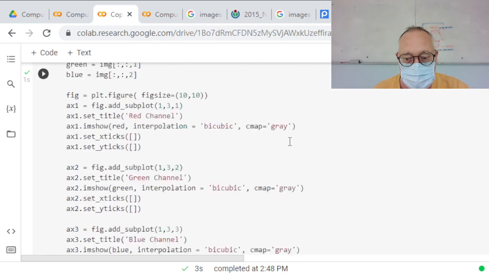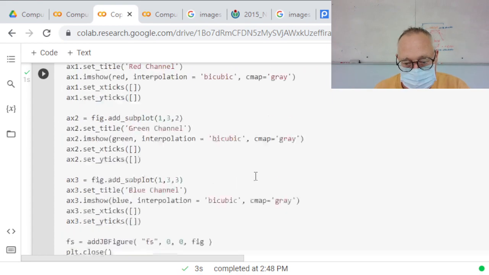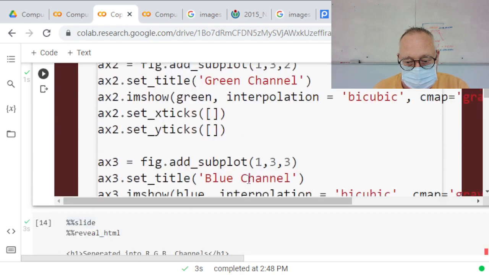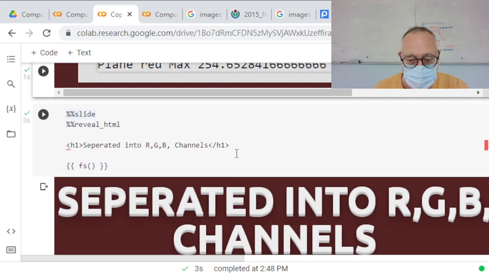Or nothing surprising happened there. Also our statistics, the values in the red channel went from 4 to 255, and the average was 143, so it didn't actually do much.